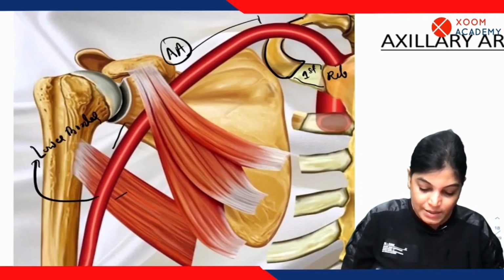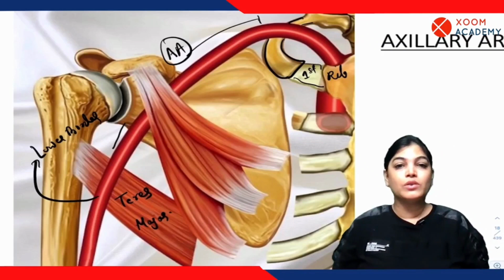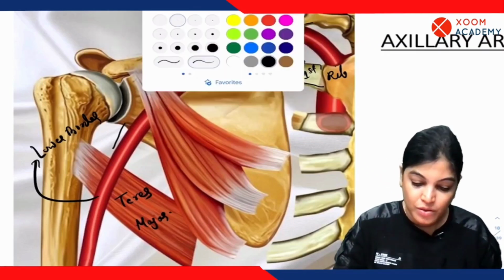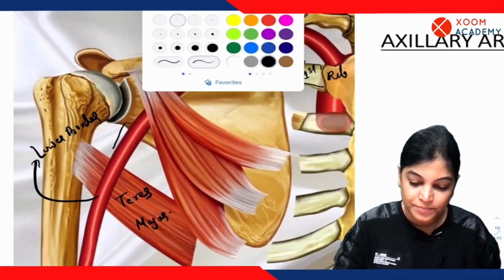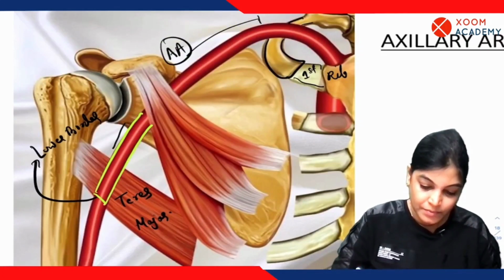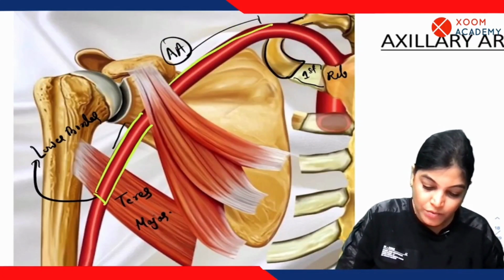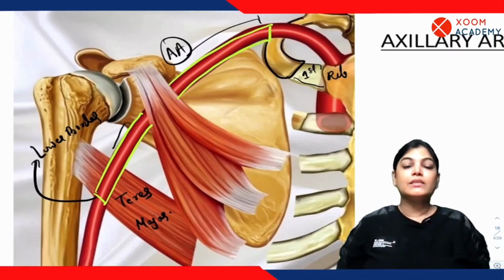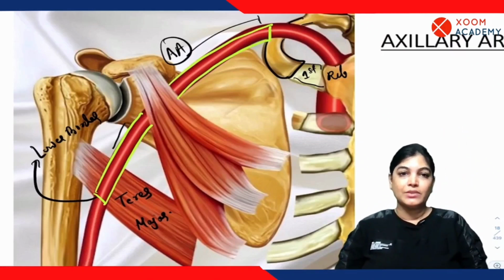Which muscle is this? This is teres major muscle. So here we have got the extent. From here till the level of outer border of the first rib, this whole is the extent of axillary artery.